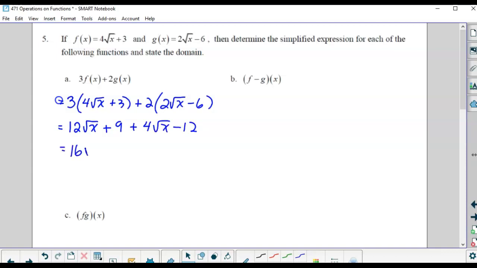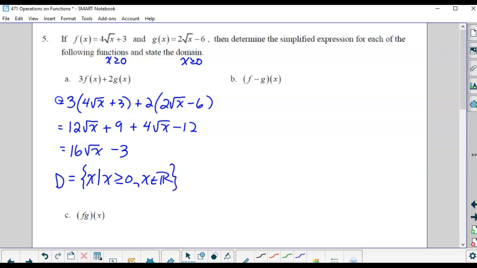Like terms is 16 root x minus 3. In terms of the domain, so this one is x greater than or equal to 0. This is x greater than or equal to 0. So overall, the domain is x greater than or equal to 0.